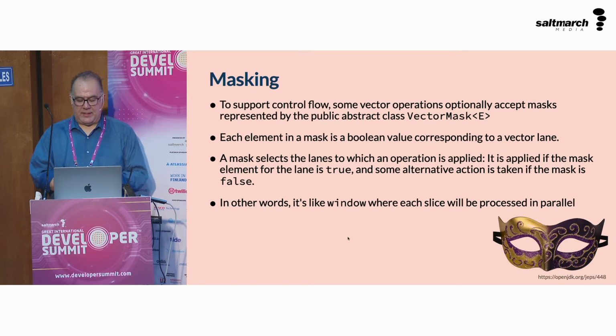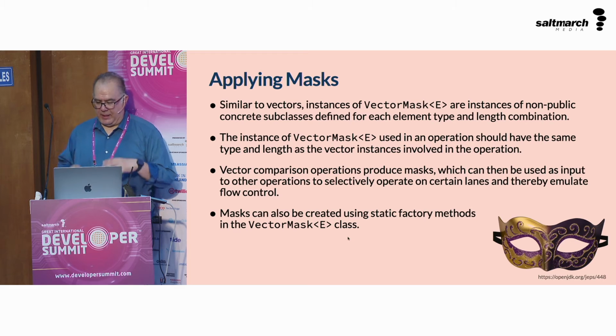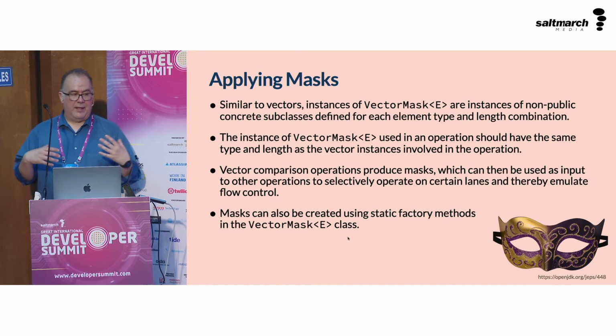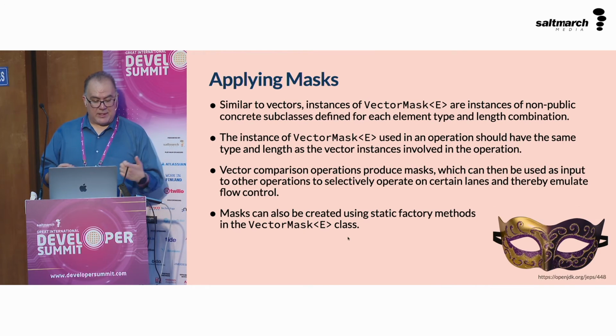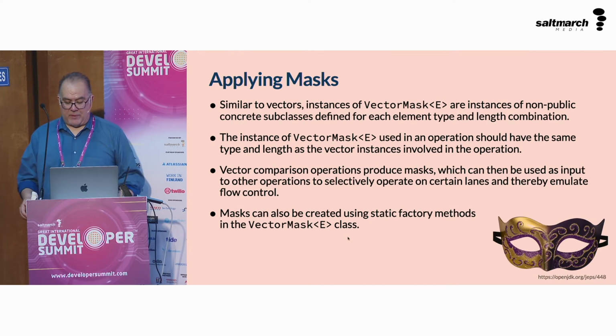Mask selects the lane operation is applied, okay? So it's kind of like a window where each slice is processed in parallel. And I'll give you an image and an animation for that, and then we'll run through the code so that way you get to see how the mask actually works. So again, everything is going to be this vector mask, and it's used in an operation.